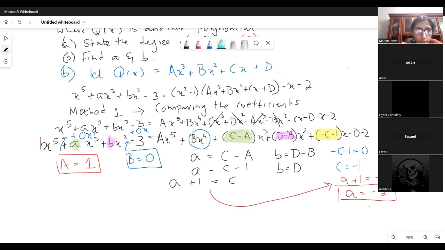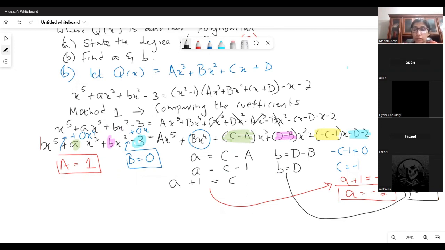So we have minus 3 over here and minus d minus 2. So minus 3 equals minus d minus 2. D equals 3 minus 2. D equals 1. And since we have d, we also have small b. Small b equals 1, which is correct.